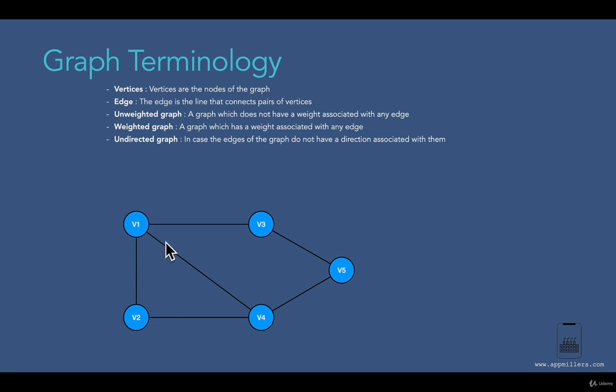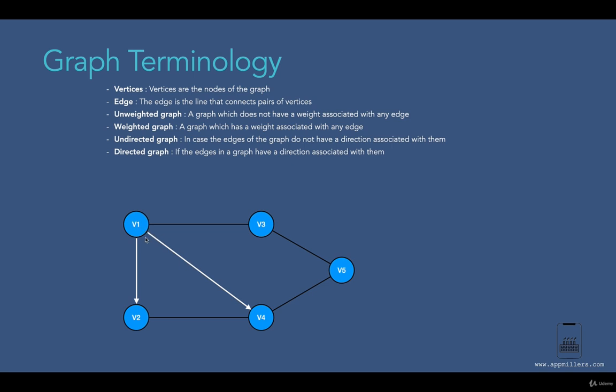Now, if there is a direction that is associated with any edge over here, in this case, it's called directed graph. So here you can easily see that we have direction in this case. So from V1 to V2, we have only one way. So we can go from V1 to V2, but we cannot come back from V2 to V1.